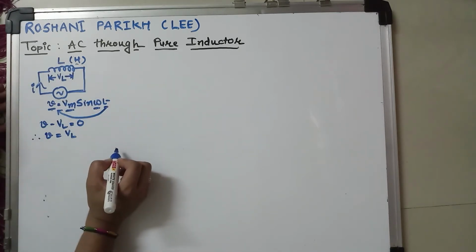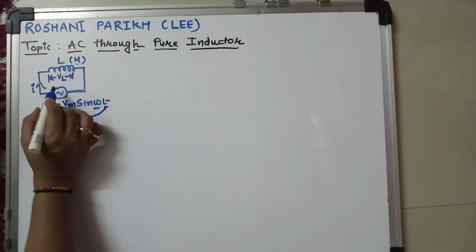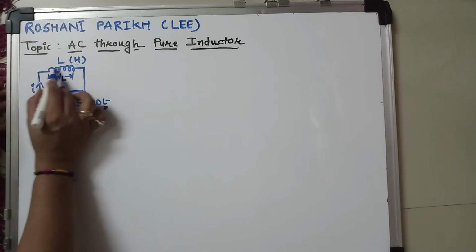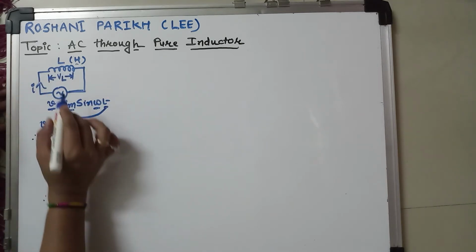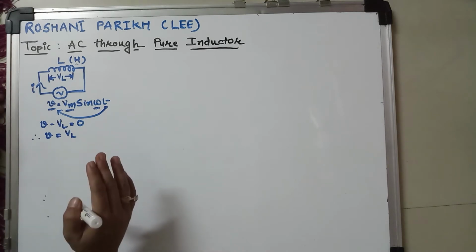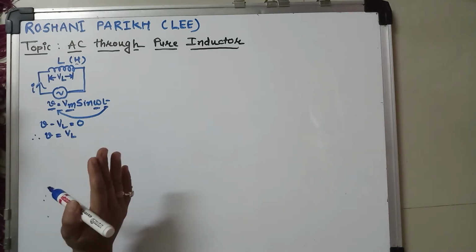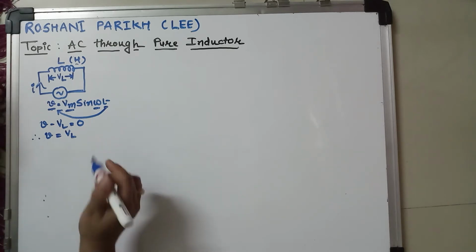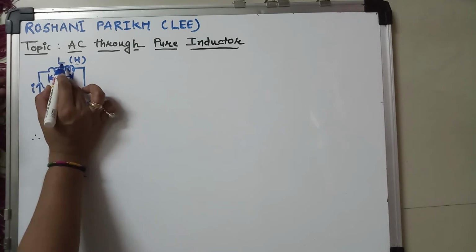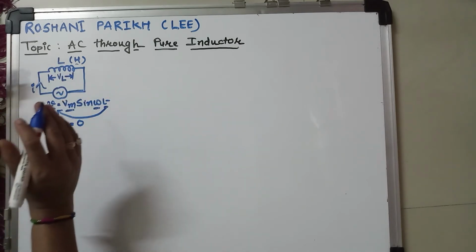Now see here, when a current is flowing through the inductor, what is L? L is the inductance, and inductance is the property which opposes the change in a current.